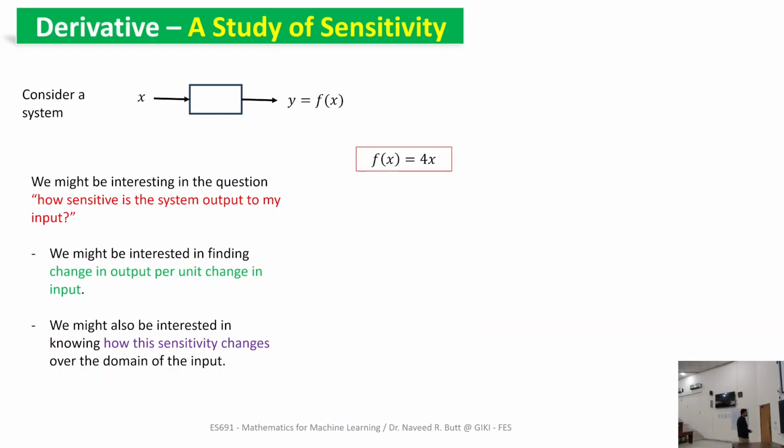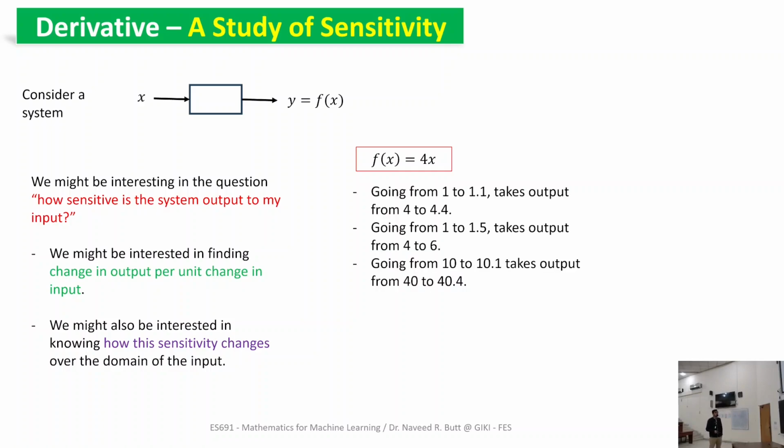For example, here f(x) equals 4x. This is one example of a simple system. So, going from 1 to 1.1, you can see that the output goes from 4 to 4.4. Going from 1 to 1.5 takes the output from 4 to 6, where because I made a bigger jump, I got a bigger jump in the output. But the last one is interesting. I went from 10 to 10.1 and the output goes from 40 to 40.4.